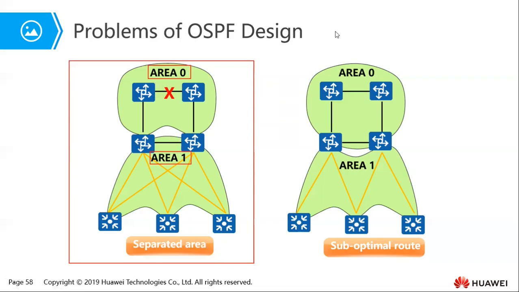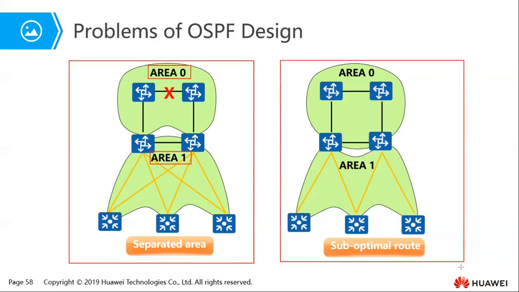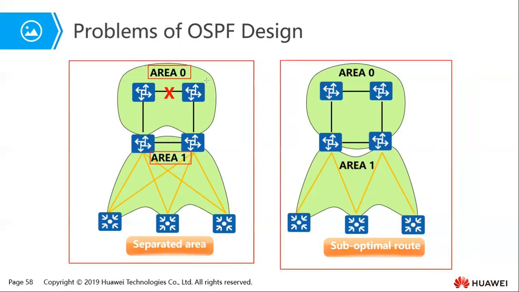Now the next one is this one here. And the problem is the suboptimal route. What is happening here is we know that with OSPF, intra-area traffic is preferred over inter-area traffic.